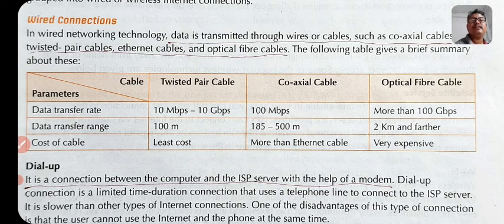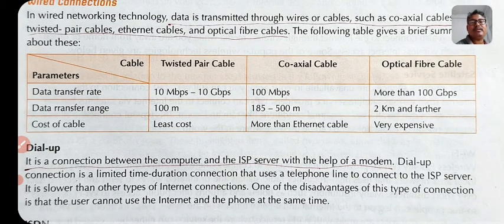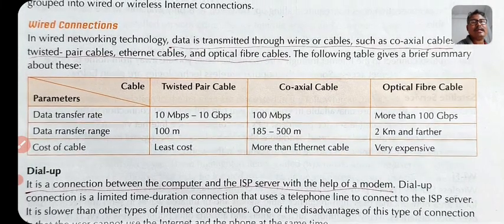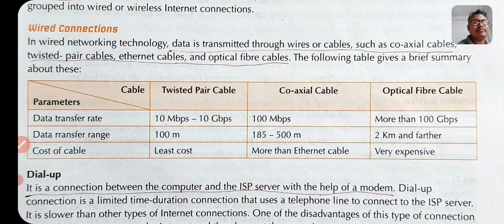You see the parameters of the cable: the data transfer rate, data transfer range, then cost of cable. First one is twisted pair cable: 10 Mbps to 10 Gbps, 100 meters long, and least cost, that means not much costly.